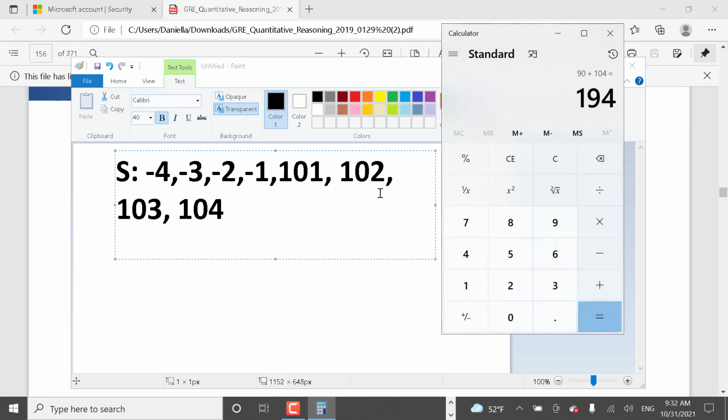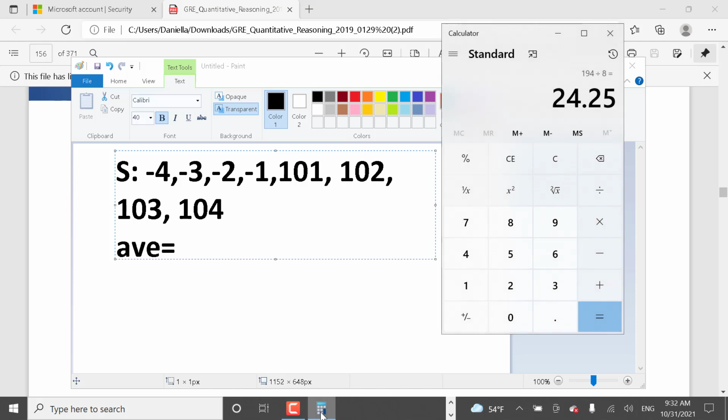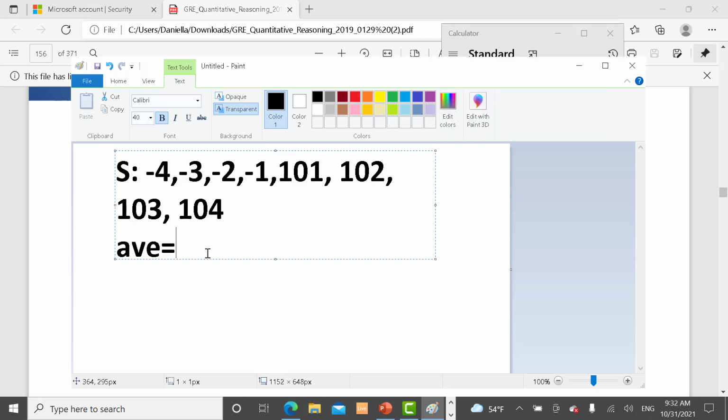That is the sum of all these numbers, and then you divide by 8. So you get the average. Where's my calculator? The average is 24.25.